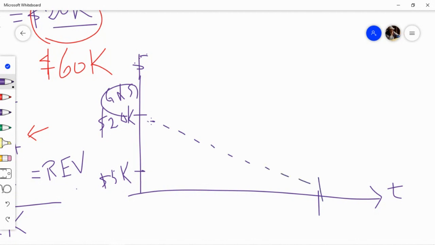And at the end of the month, you will end up with like 2K. That will be your ending inventory level.